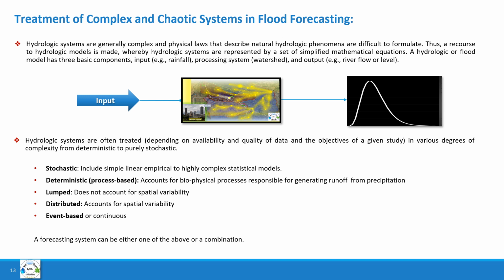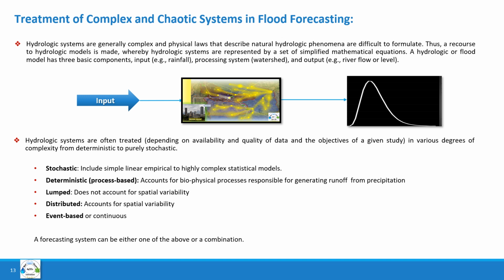Hydrologic systems are generally complex, and physical laws that describe natural hydrologic phenomena are difficult to formulate. Thus, recourse to hydrologic models is made, whereby hydrologic systems are represented by a set of simplified mathematical equations.